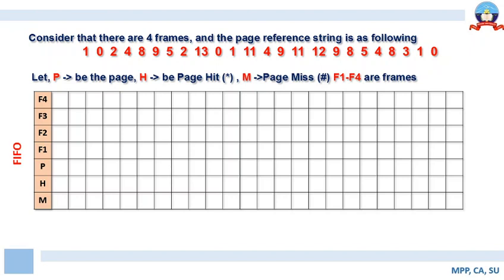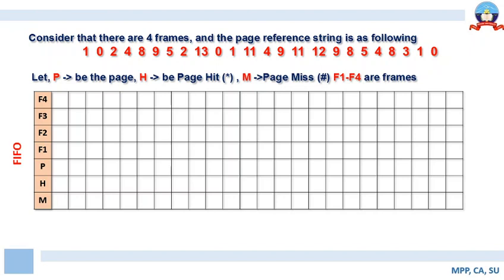The page reference string specifies the sequence in which the pages belonging to the process are referred to during the course of execution. Now for simplicity, let P represent the page, H represent the page hit, M represent the page miss, and F1 to F4 are the frames.